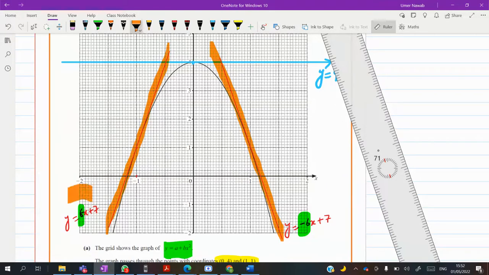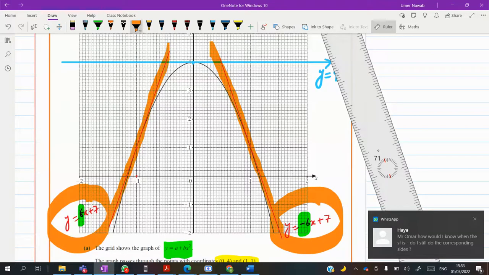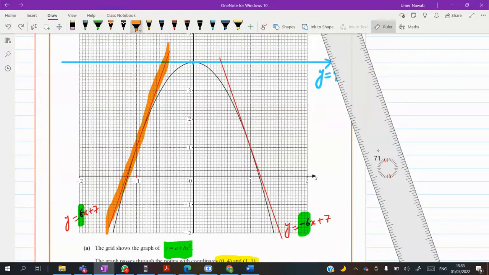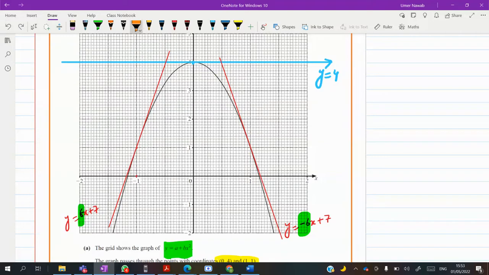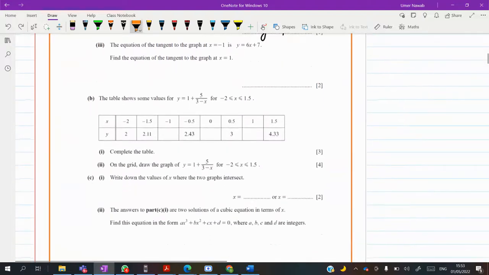So how can I write their equations? I can write their equations by keeping their gradients with opposite signs, but the y-intercept stays the same. So that's the beautiful property which we found, we found the equation of a second tangent line by using the symmetric property of a parabola. So I'm going to write here y equals minus 6x plus 7.